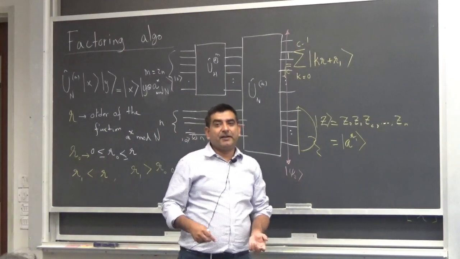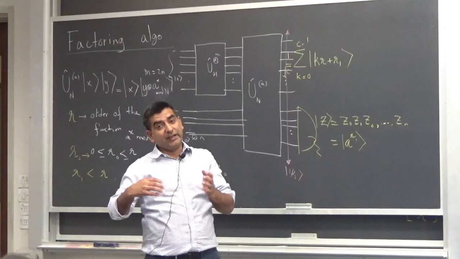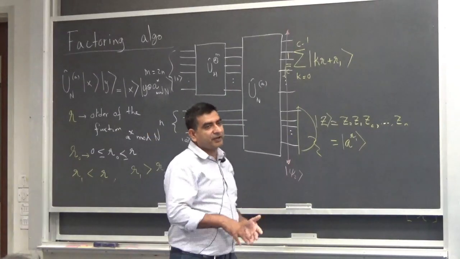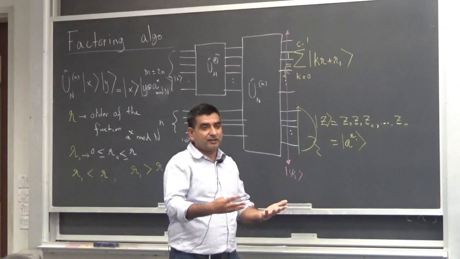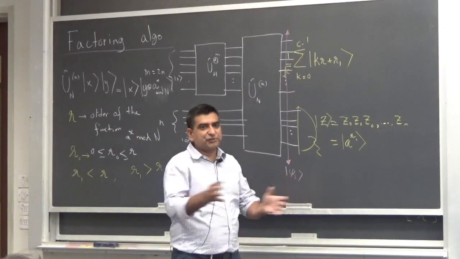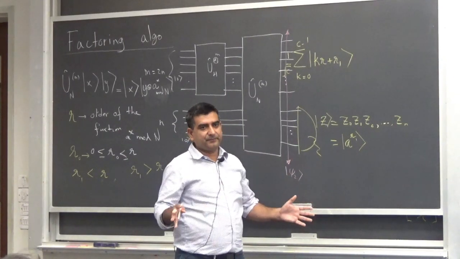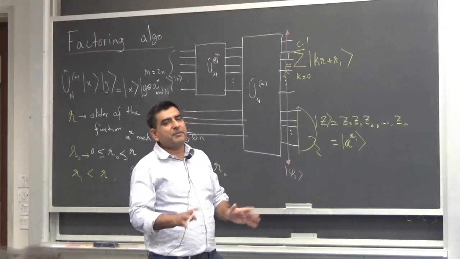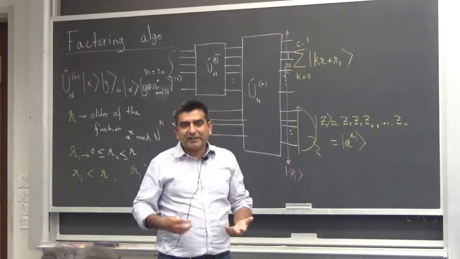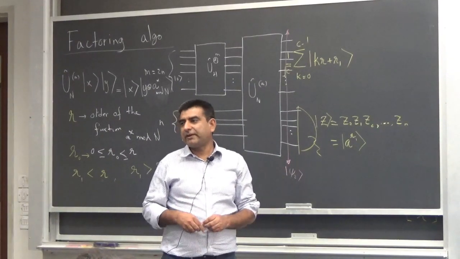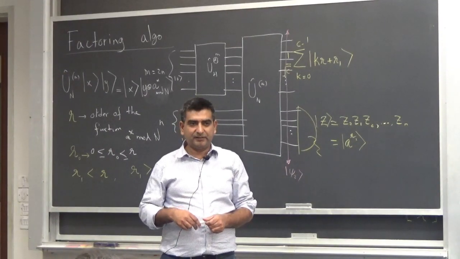If you choose a different small a, you would still get a different R1, and in that case you might even get a different R as well. So everything is random and probabilistic here. But we're not concerned about R1. What we want to find is R, because R gives us some hope that we're able to find the factors of capital N.